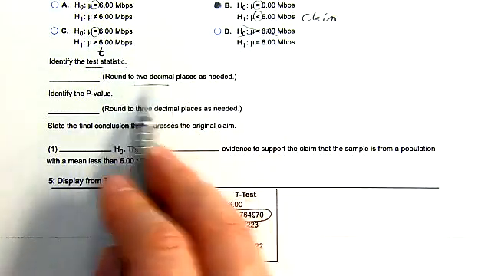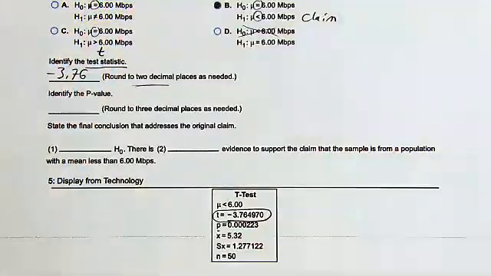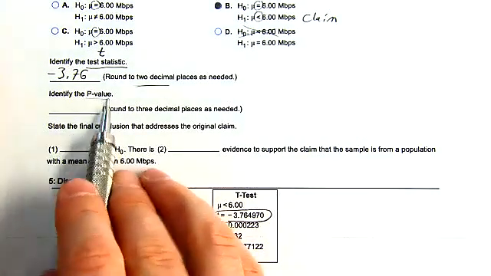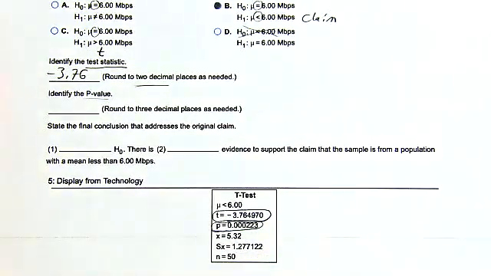They want us to round to 2 decimals, so we'll call it minus 3.76. The p-value is the thing with the p. So p equals this. To 3 decimals, it would be 0.000.